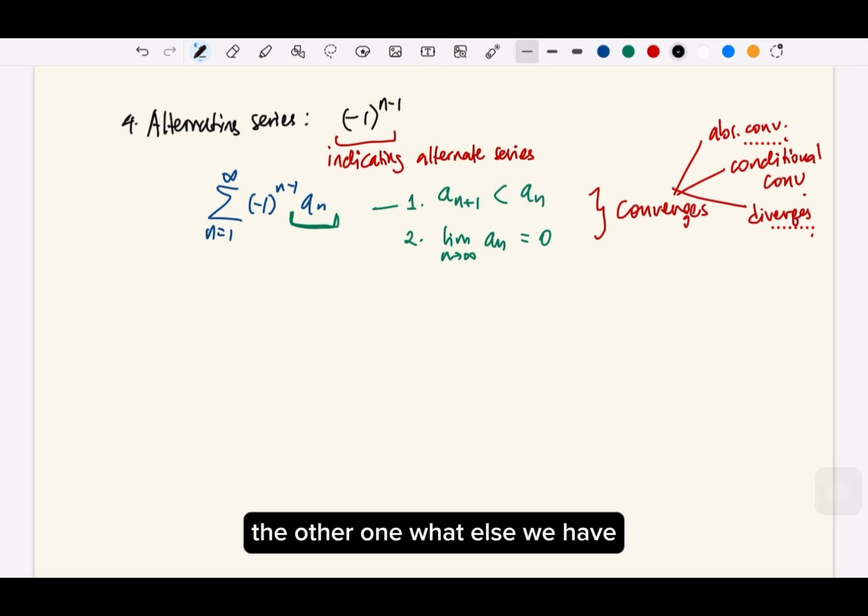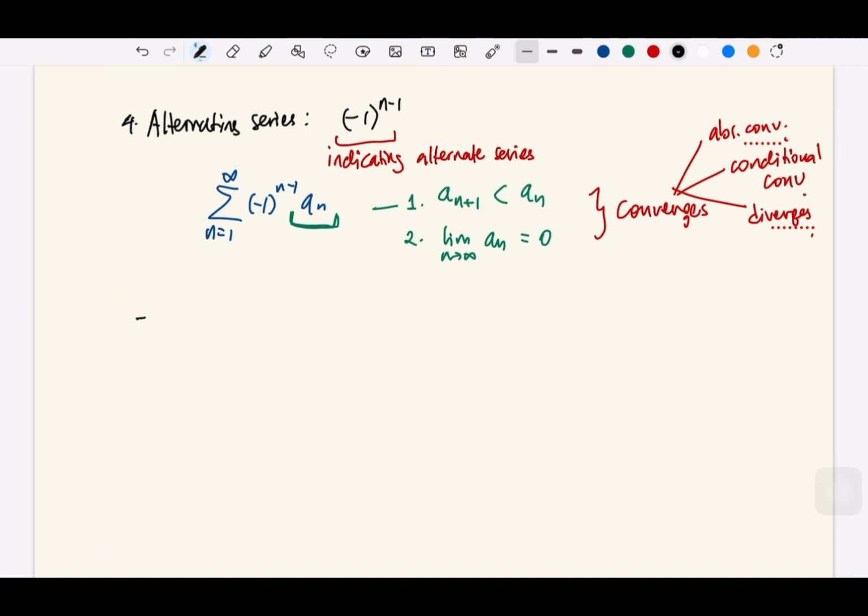The other one, what else do we have? The ratio and root.